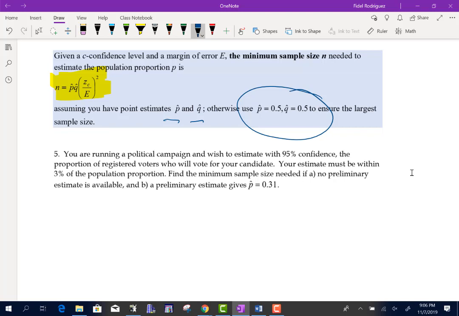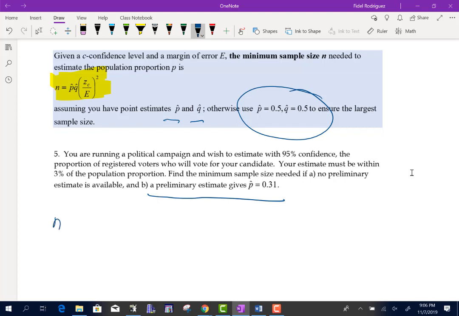Now it says you're running a political campaign and you wish to estimate with 95% confidence the proportion of registered voters who will vote for your candidate. Your estimate must be within 3% of the population proportion. Find the minimum sample size needed: A, if no preliminary estimate is available, and part B, a preliminary estimate gives us p hat to be 0.31. Okay, so let's do this.